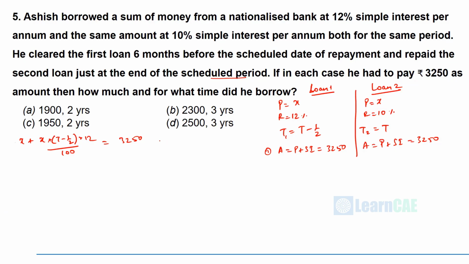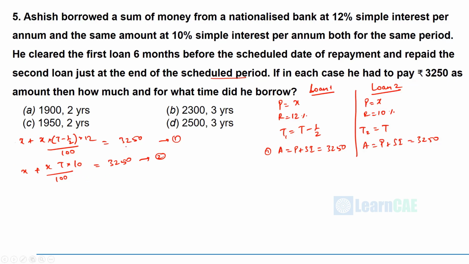This is case 1. In the second case, the amount is equal to principal plus simple interest. That is x plus PNR by 100: x into number of years T, and the rate of interest is 10%, so 10 divided by 100, is equal to 3250, because both are the same.